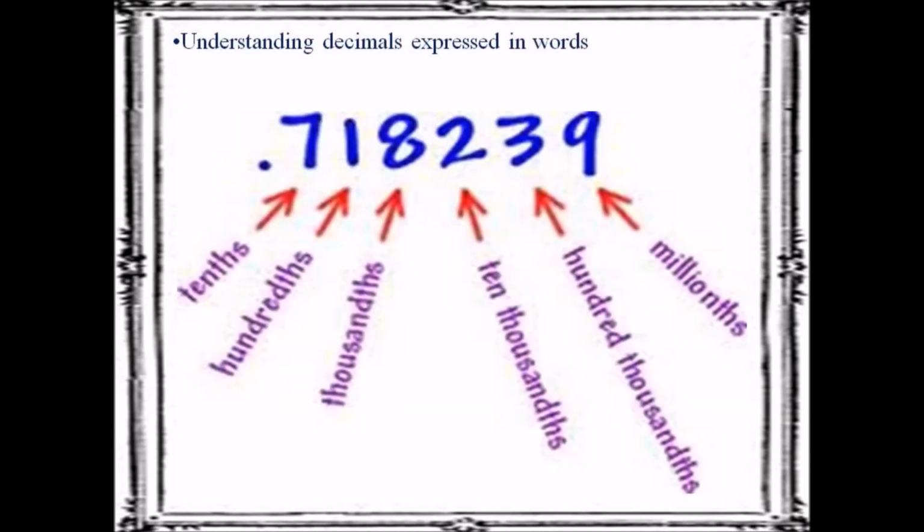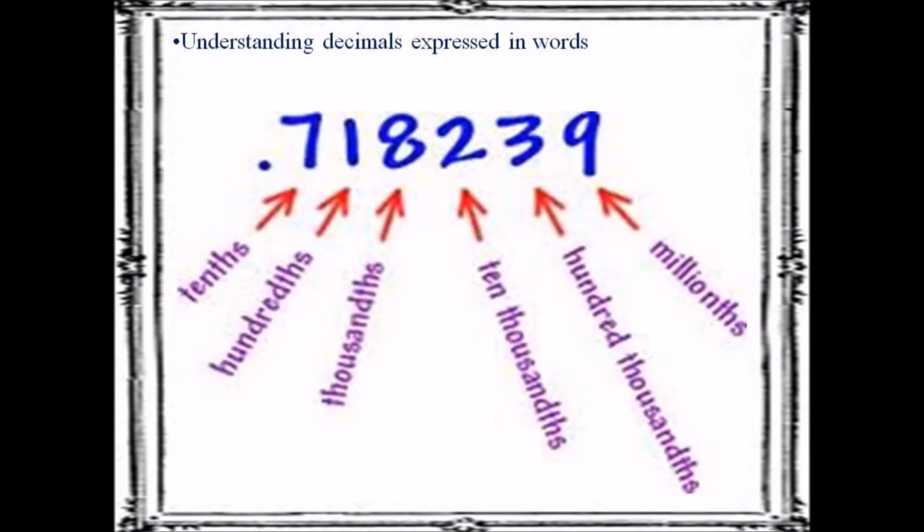Understanding the decimal expressed in words. After the decimal, the numbers come immediately after the decimal point. The first number is tenths, second is hundredths, third is thousandths, fourth is ten-thousandths, fifth is hundred-thousandths, and sixth is millionths.